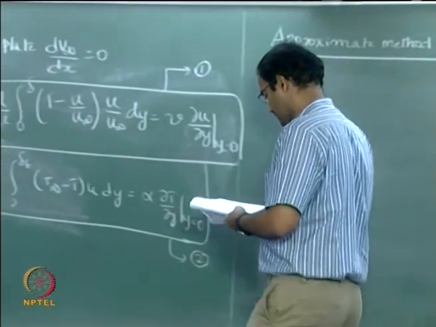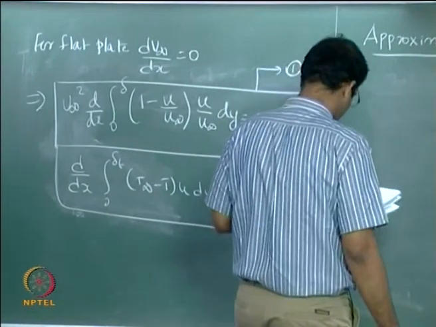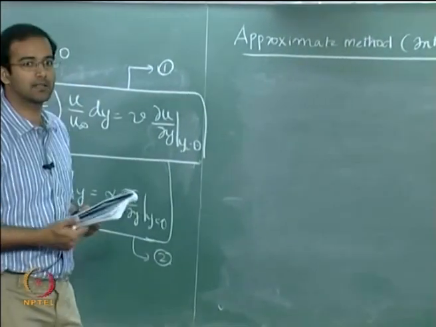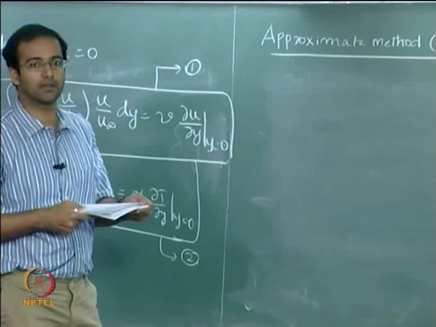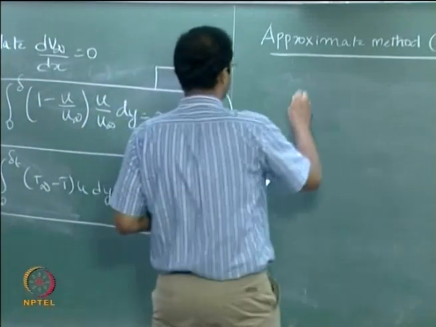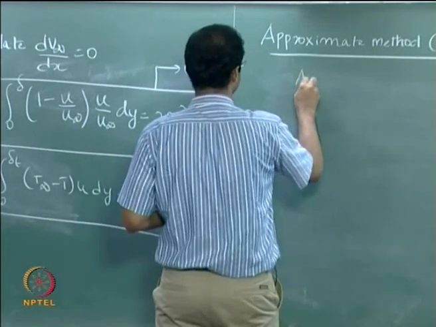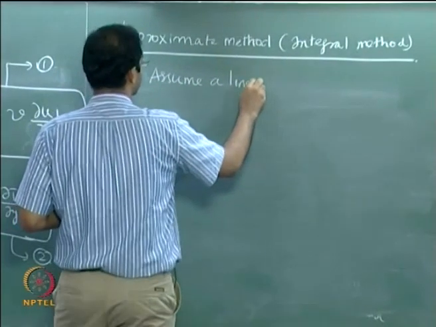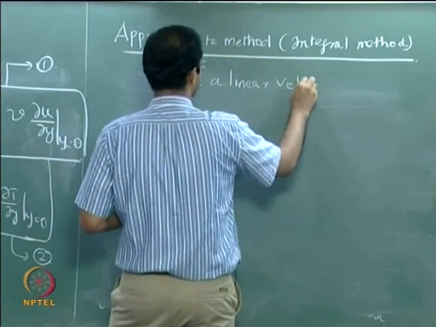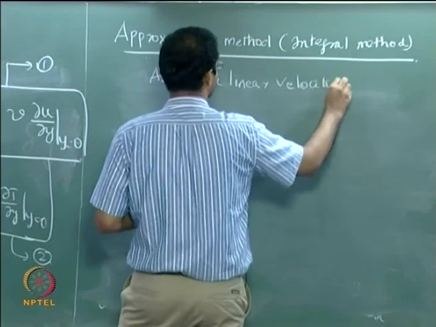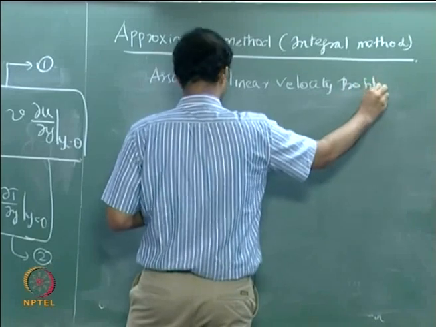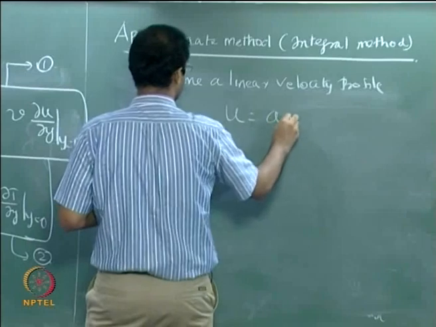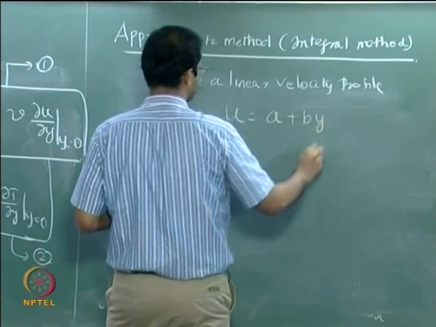So now let us take the case where we have a linear velocity profile. That is the most basic profile that you can start with. So for the laminar flow, let us assume a linear velocity profile. I am just saying that my u would be something like a plus b y.